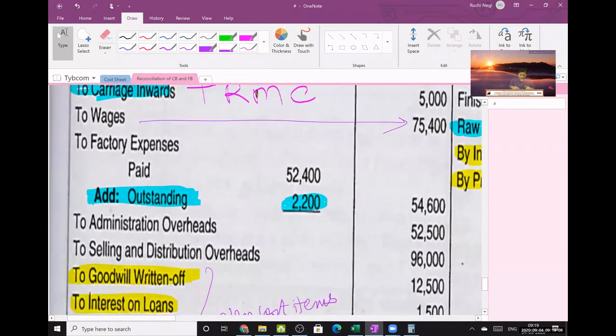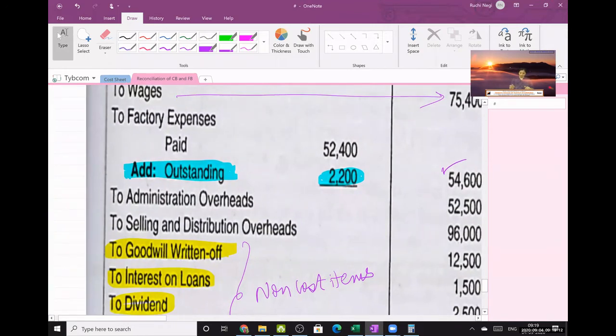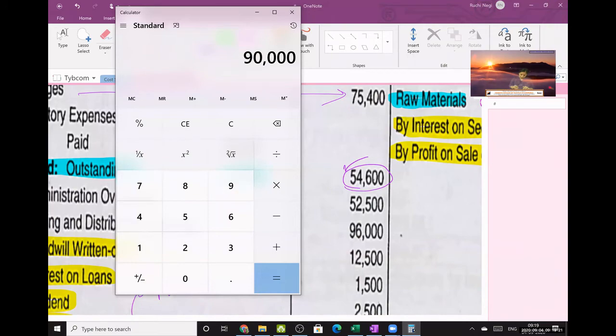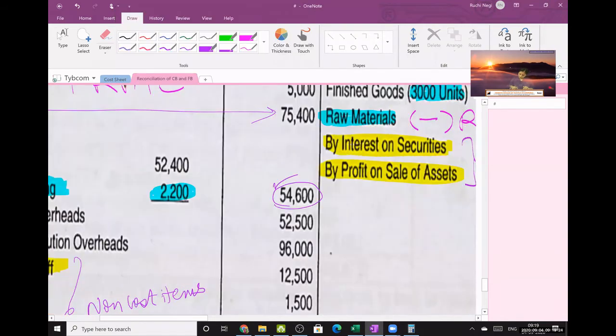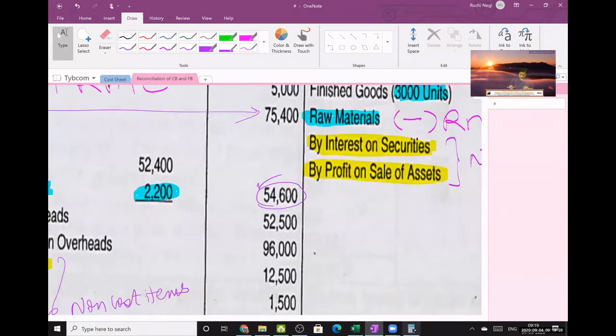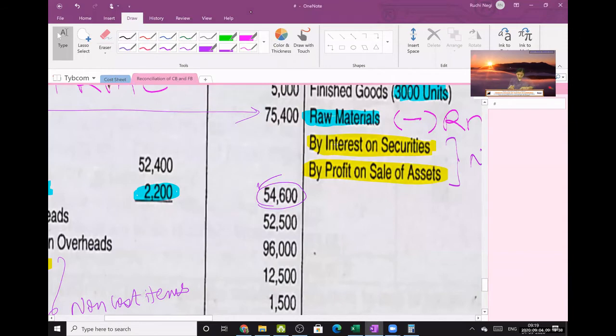Factory in finance books is 54,600. Don't take 54,000 and 600 separately, consider the outer column value, this one, 54,600. And there it was 60,000. Just a minute, yes, 60,000. So 60,000 minus 54,600 is 5,400 excess. Where is it excess?